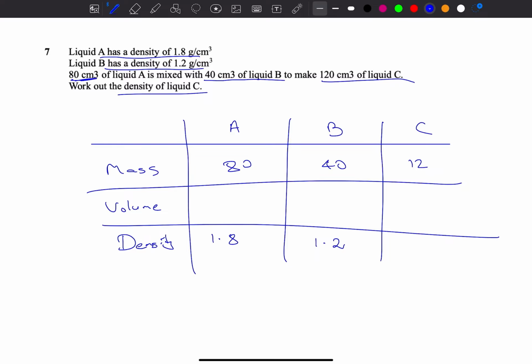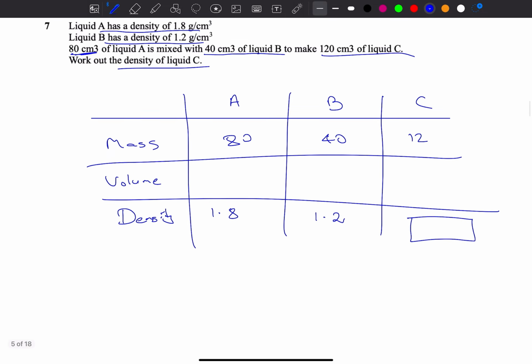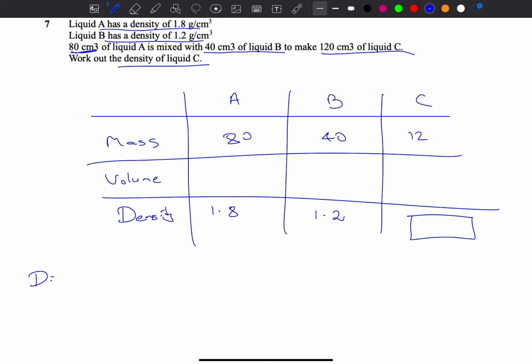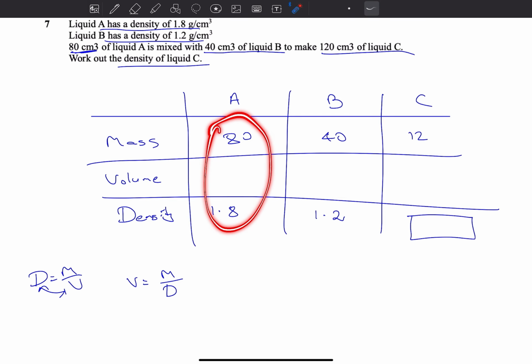They want the density of liquid C, so they want to know this. You can do the formula. Density is mass over volume, and volume is mass over density, because you switch these around. So you go 80 divided by 1.8, which is 44.4.